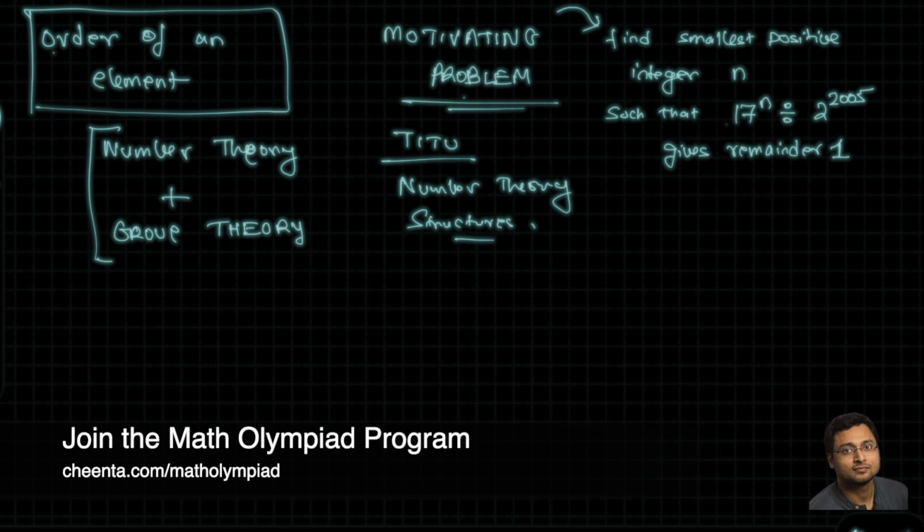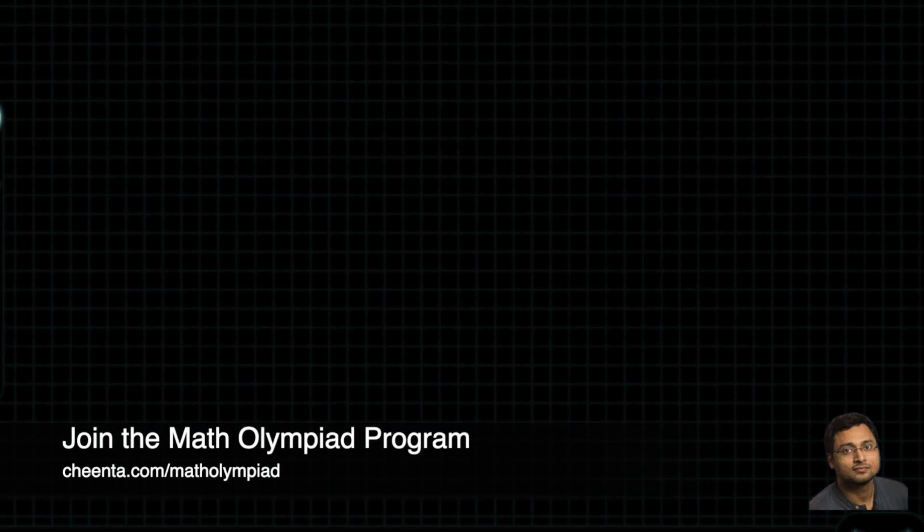Okay, let's understand what is order of an element now. A very simple concept. I'll go to a new board now. I'll understand this using an example. Let's take the number 15.